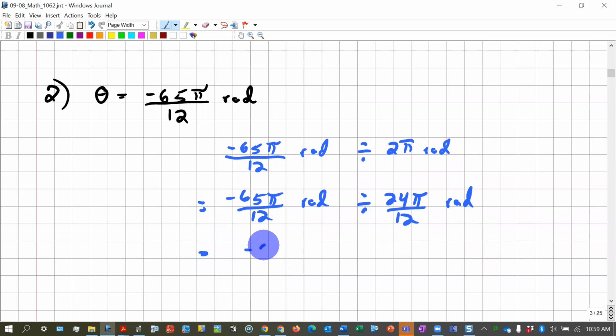And of course, if we take negative 65 and divide by 24, our answer is negative 2 point something.